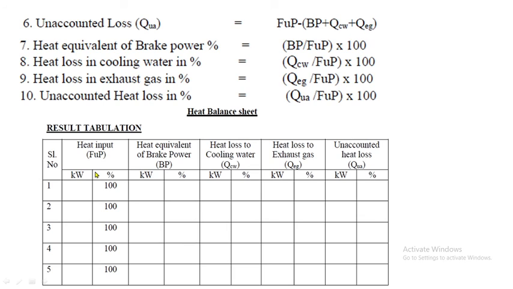As we said, heat input is fuel power, which is considered as 100%. This 100% is split into percentages: the heat equivalent of brake power, which is the useful work produced at the crankshaft, and some heat lost to the cooling water.